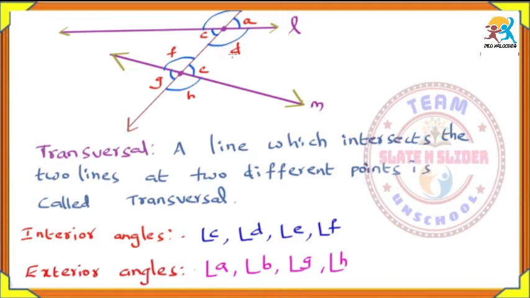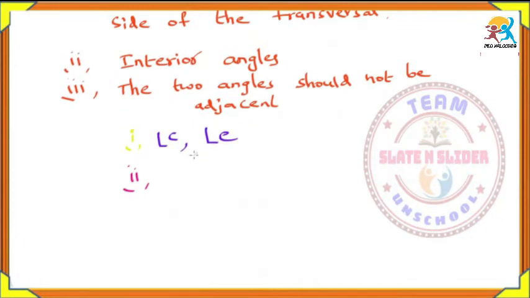So for angle D, the left side angles are angle C and angle F, but angle C is adjacent to angle D. That's why we should not choose angle C for angle D. So the alternate interior angles are angle D and angle F. So we will write angle D, comma angle F. These are alternate interior angles.